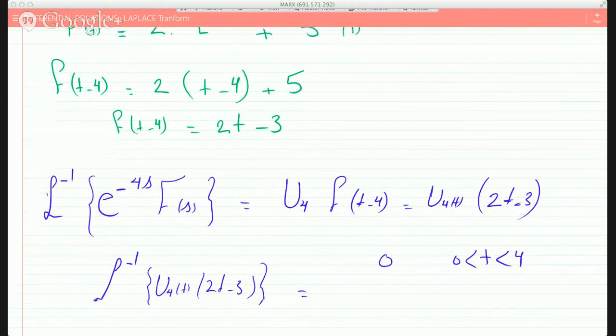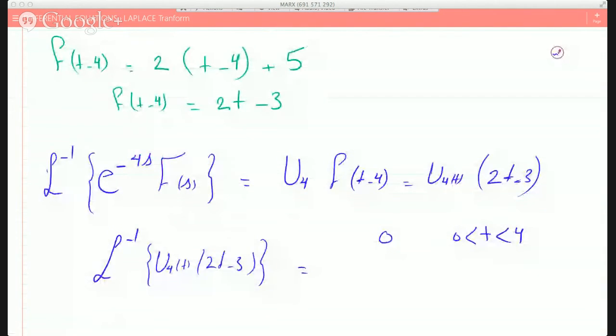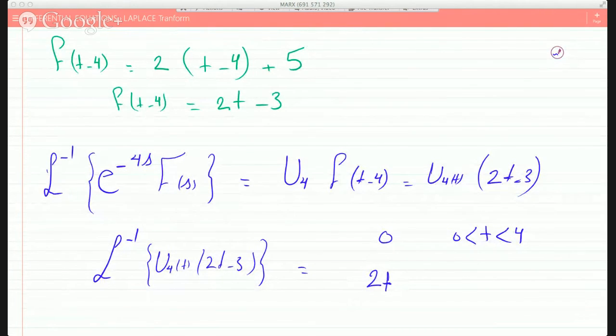It's going to be 0, and it's going to be 2t minus 3 if t is greater than 4.